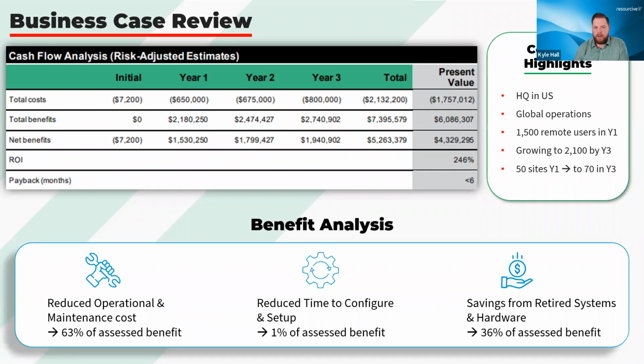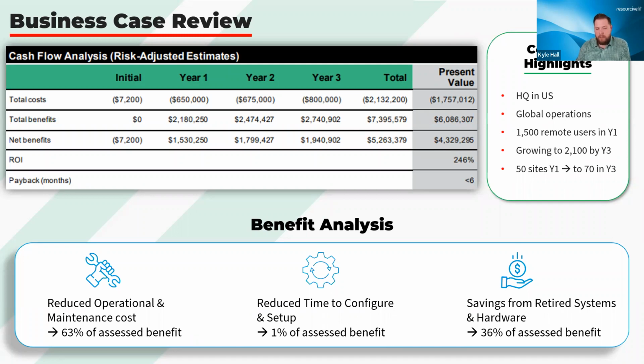The benefits I am going to talk a little bit about here, because there's essentially 3 core areas they came from. So the largest one was reduced operational and maintenance costs. So just the staff time that it was taking, the solutions that it was taking operationally in status quo versus the SASE deployment. About 63% of the assessed benefit came from there.